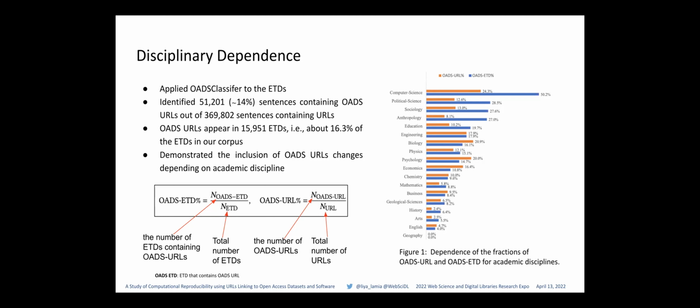As we randomly selected ETDs from the parent corpus, there might be a case, for example, where we selected more ETDs from the chemistry department but fewer from the computer science department. Just to avoid this kind of bias, we show the dependence of the fractions of OADS URLs and OADS ETDs for academic disciplines, and we use these two equations to calculate that.